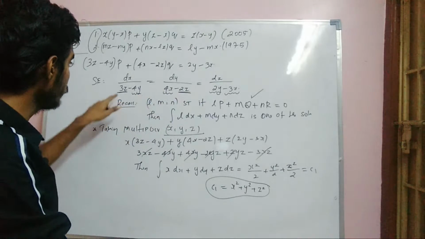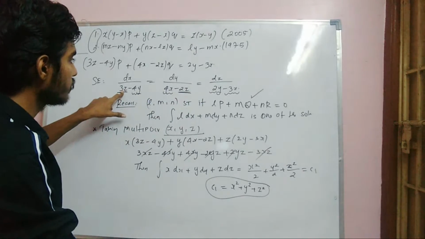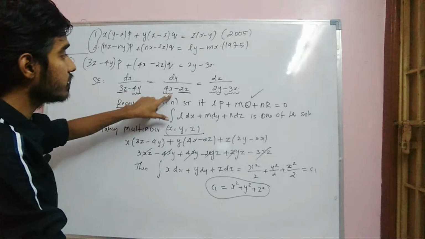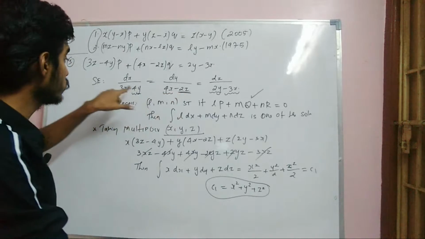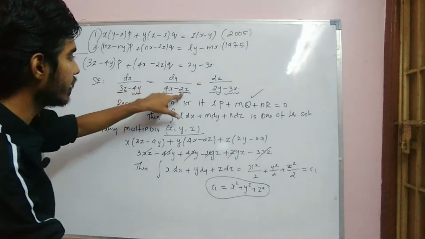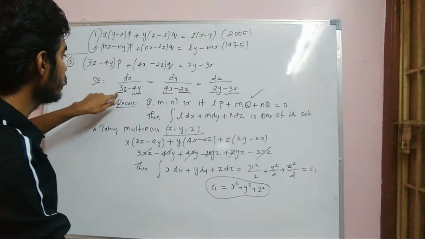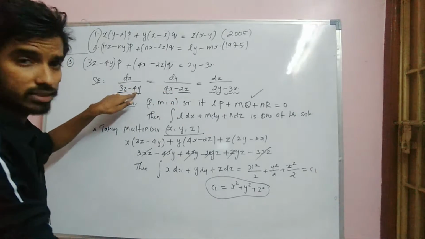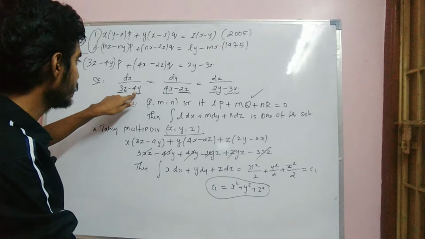If I multiply 2 here, we will have 6z. If I multiply 3 here, we will have minus 6z. So if I multiply 2 and 3, this 6z and minus 6z will get cancelled. If I multiply 2 again here, we will have minus 8y.